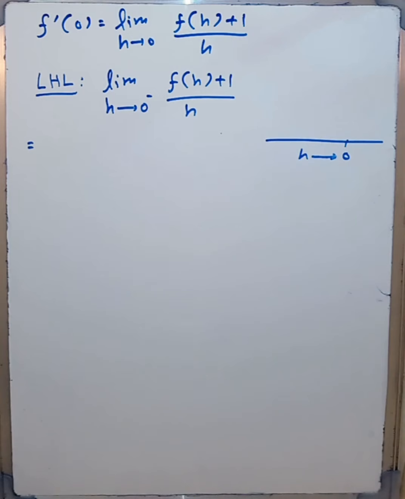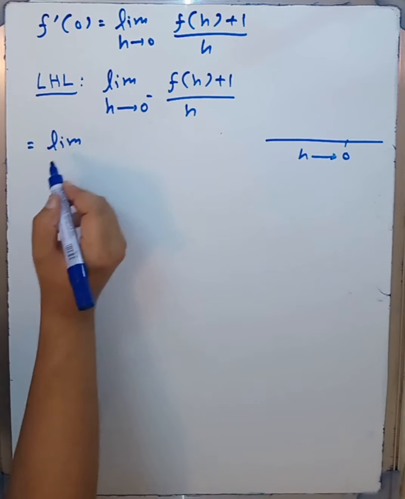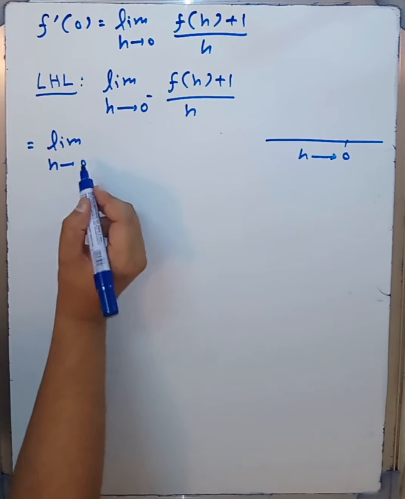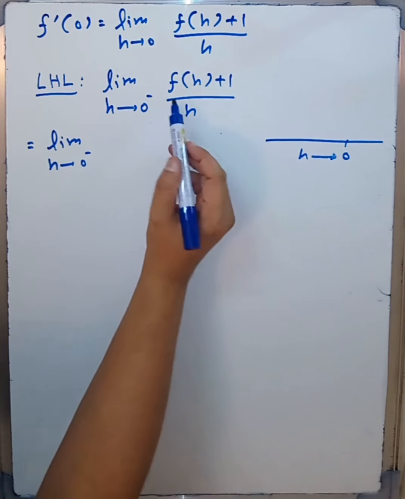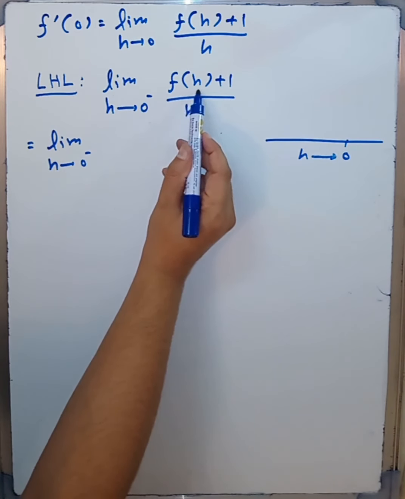And when x is less than 0, f(x) is equal to x square plus 2x minus 1. Therefore, I will get limit h tending to 0 from the left. To find f(h), I will replace x by h in the given function in the first piece.